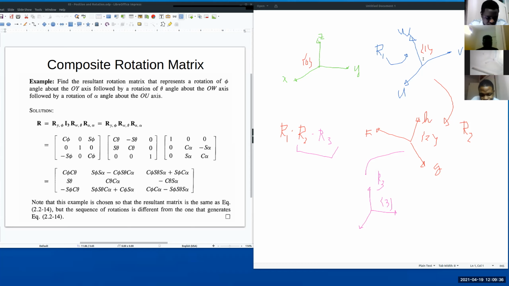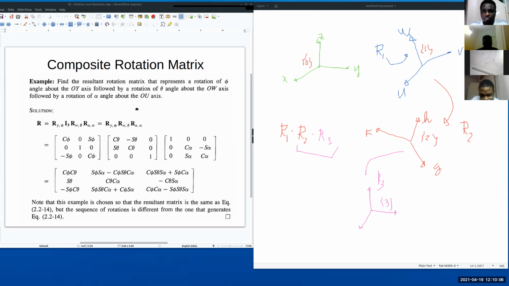When we want to rotate from the reference frame, the stationary frame, into the rotated frame by R1, then we pre-multiply it. With the sequence of rotations, it will always be post-multiplication in this process. Maybe that's easier: you just see the sequence of rotations, and then we post-multiply everything.